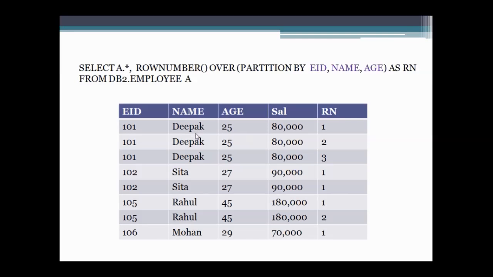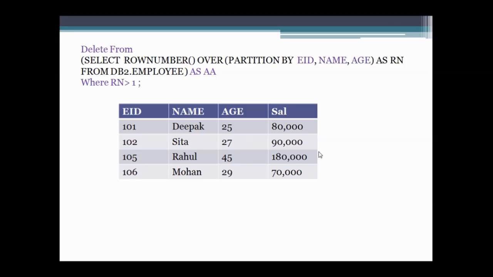So all the unique rows will be kept, and for the duplicates, their row number will be greater than 1, so they will be deleted. If you run this query, you will get this result after selecting rows from that table. So this is how we are going to achieve this.